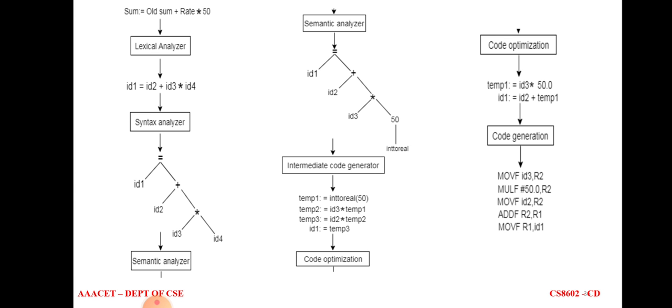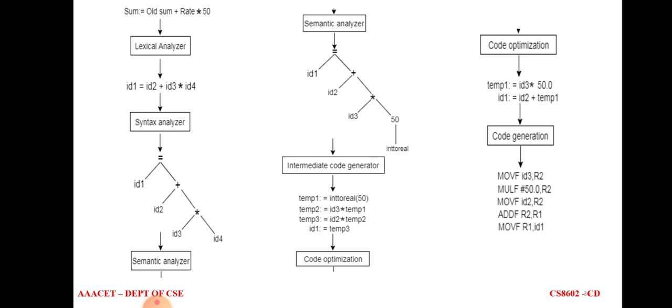The next line is MOVF id2, R2, where the identifier value is moved to another register, and addition is performed with R2 and R1. Finally, the R1 register value is moved to id1.